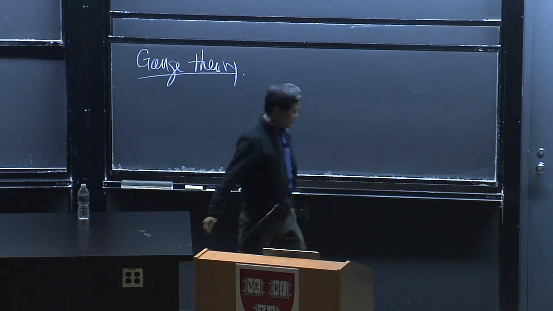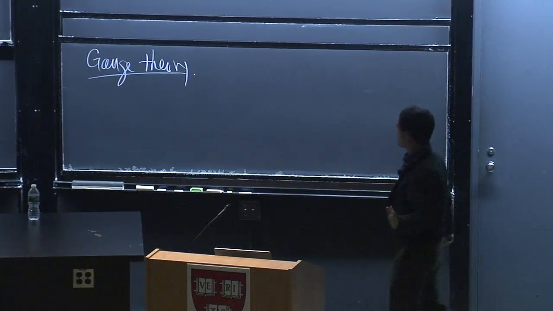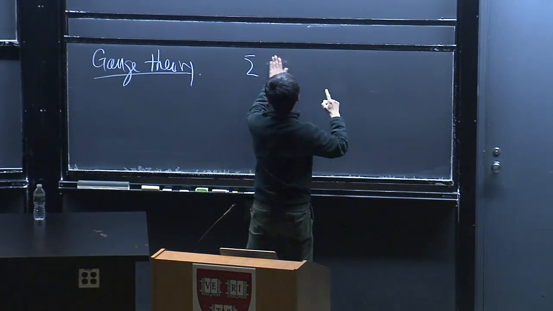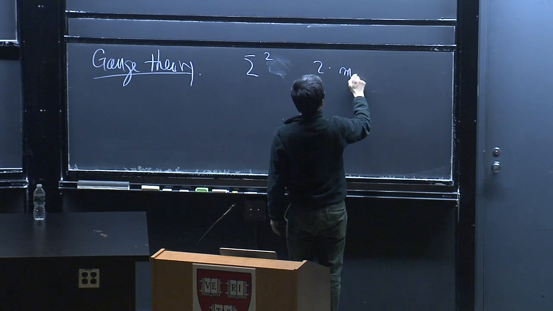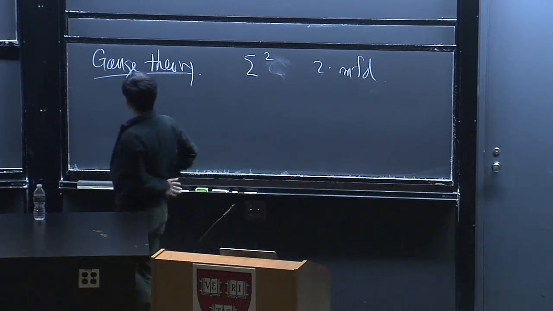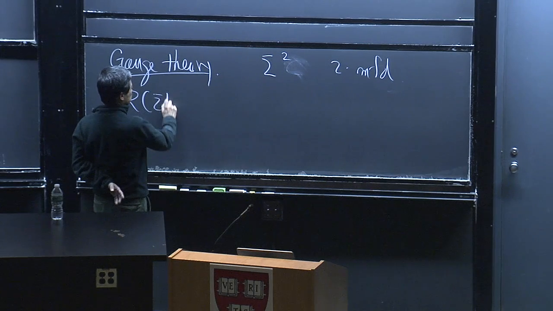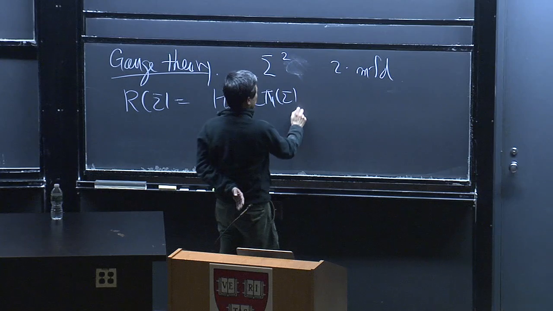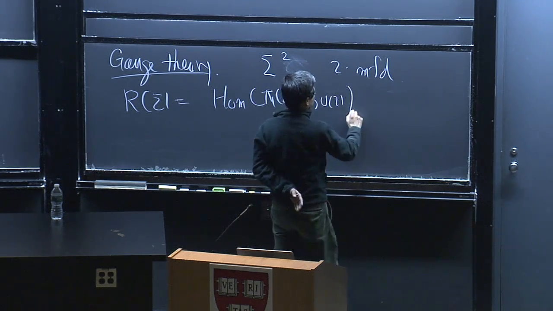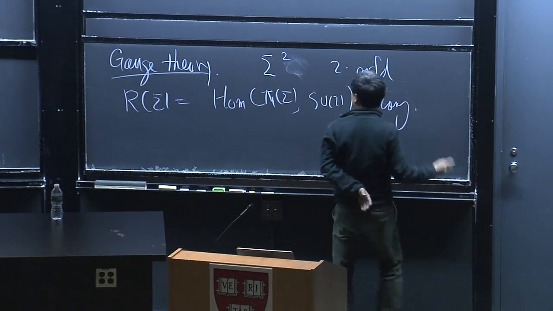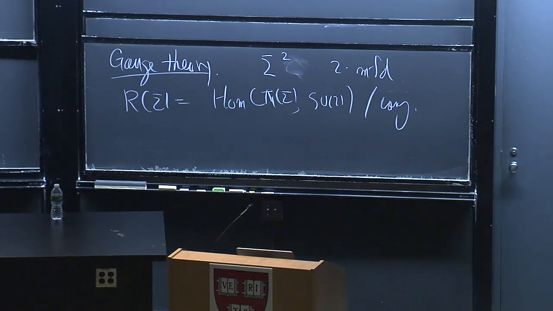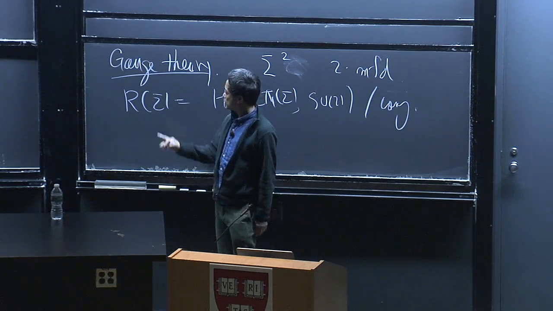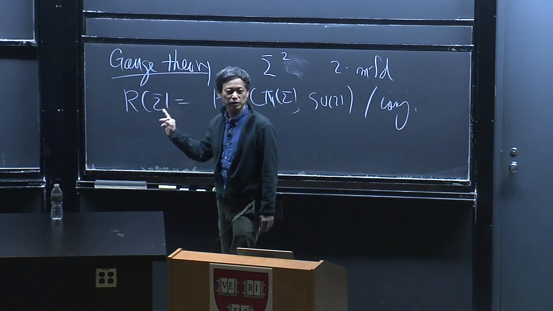In gauge theory we consider a two-dimensional manifold, compact without boundary, and we consider the space of flat connections, that is, homomorphisms of the fundamental group to, say, SU(2), divided by conjugation. And there is an old problem called the Atiyah-Floer conjecture, which concerns, on the symplectic side, Lagrangian Floer theory on this singular symplectic manifold.